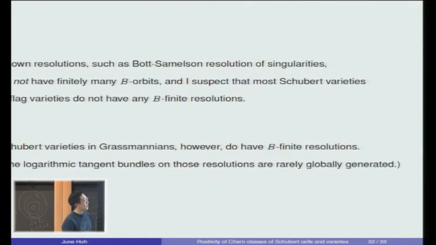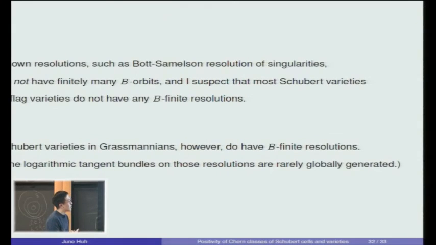So, one obvious case where you have all this positivity for the Chern classes of the open part is when you have a resolution of singularities with all these good properties, and if you look at the logarithmic tangent bundles, T of minus log D, then if they are globally generated, all my assertions are fairly standard.